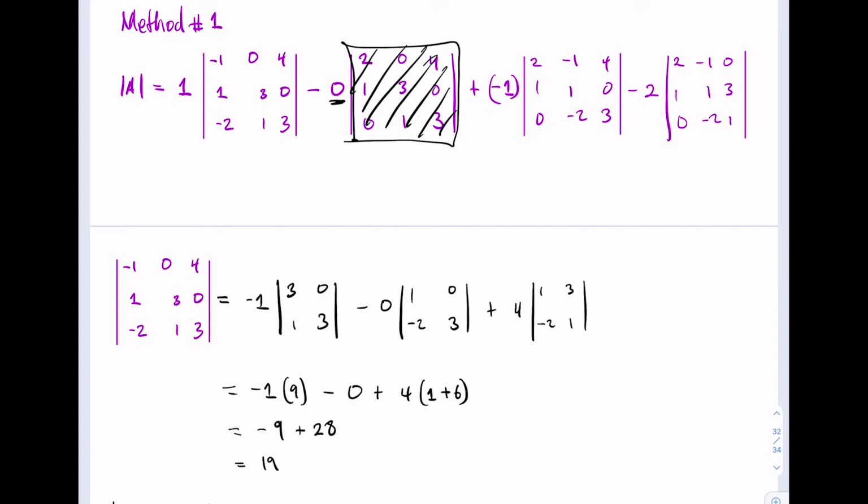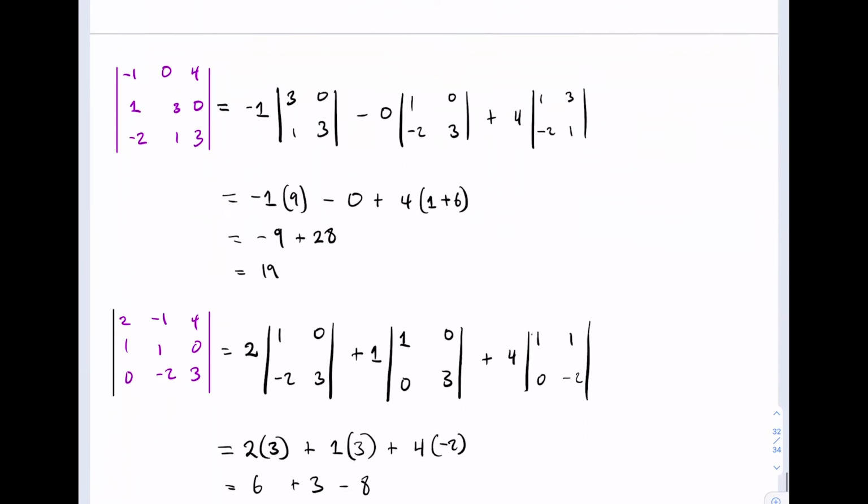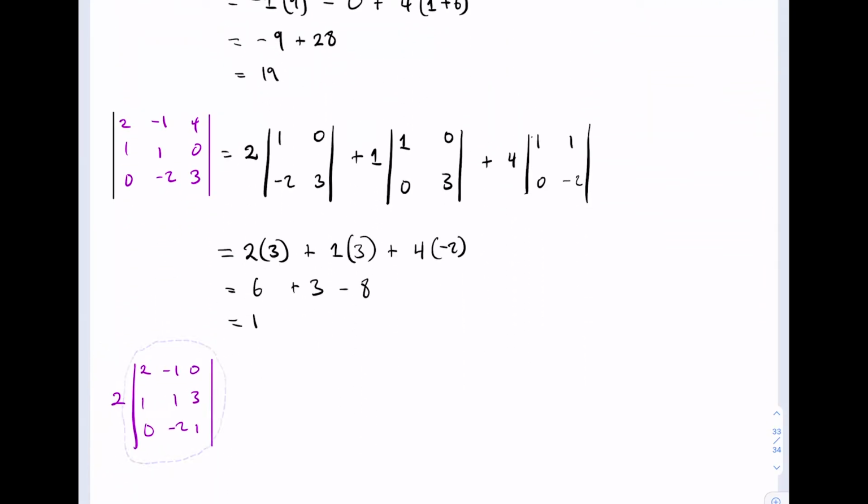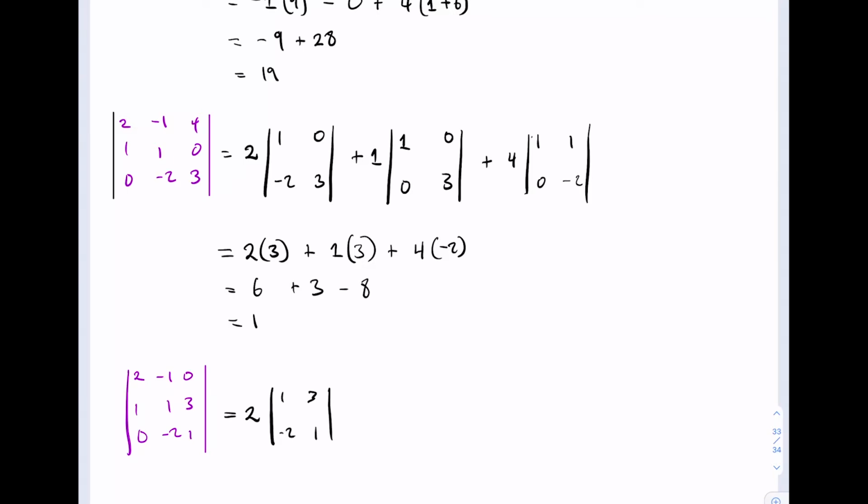The other matrix we need to evaluate here is this last one. So now this one gives us 2 times the cofactor 1, 3, -2, 1, plus 1 times 1, 0, 3, 1, plus 0 times something.